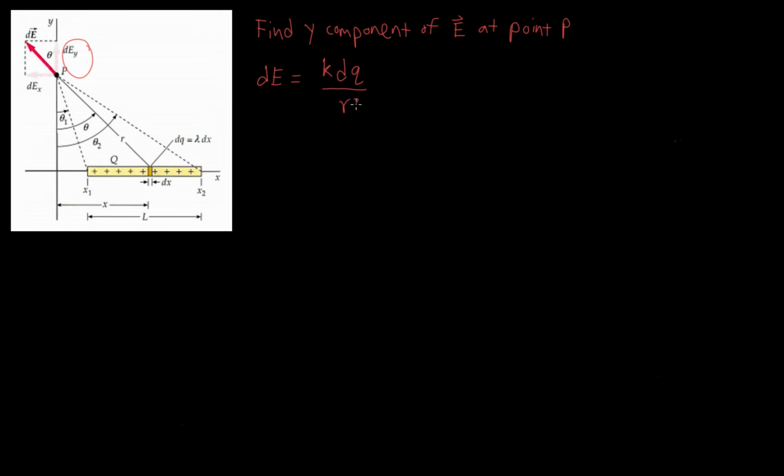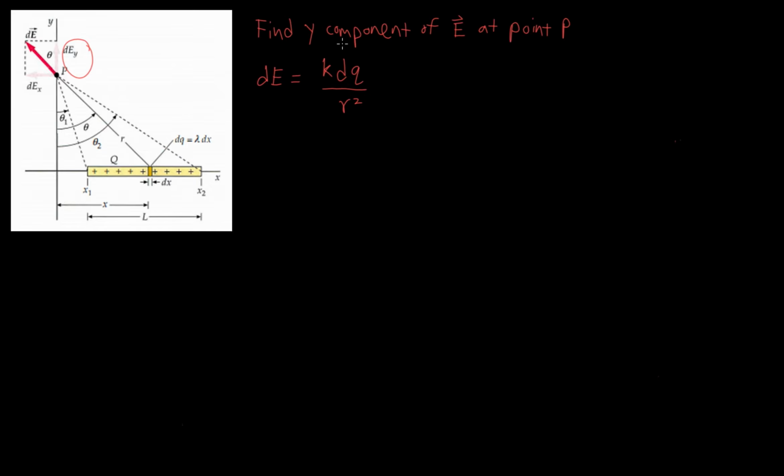And remember that r squared is just the distance from point P all the way to this really small segment of the line charge dx. And so what this is saying is the magnitude of the field produced by this small amount of charge dq is given by this expression right here.